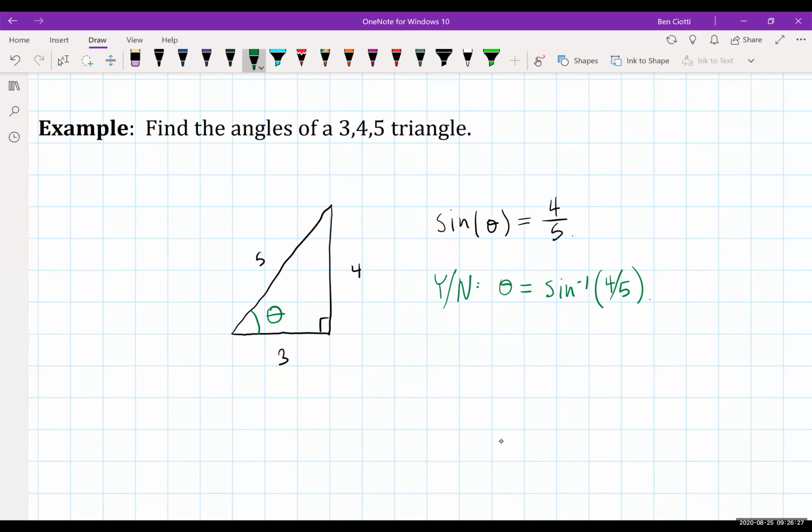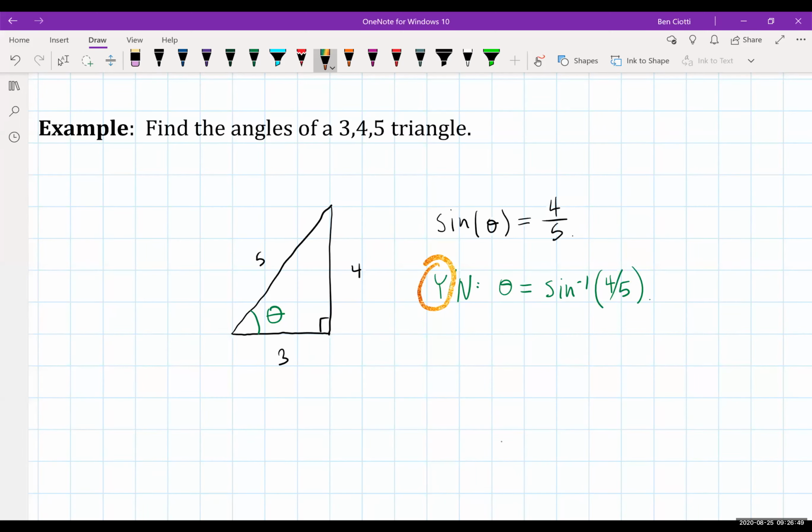Everyone's saying yes, no one's saying no, and you are correct. Yes, because it's clearly an acute angle. It's between 0 and 90, so it's within the range of sine inverse. And that's what it is.